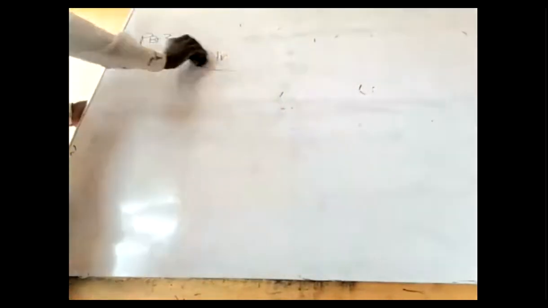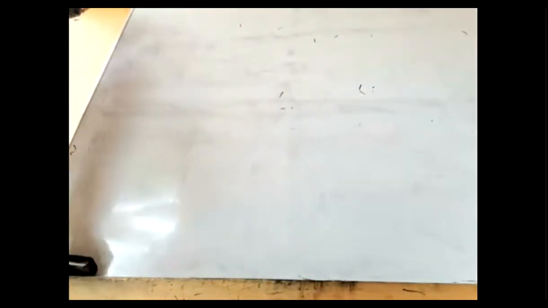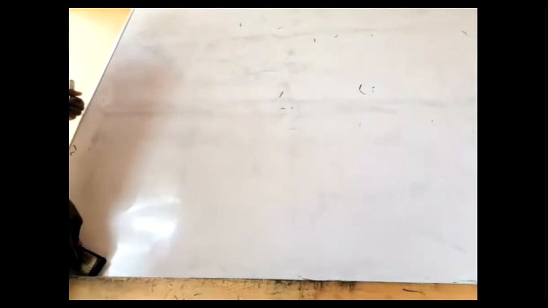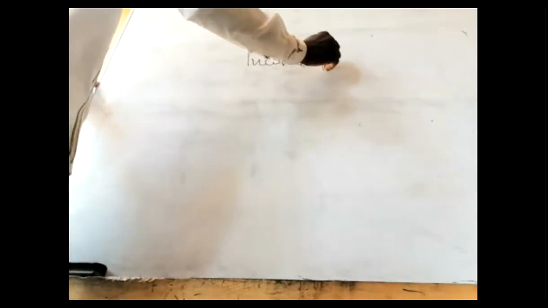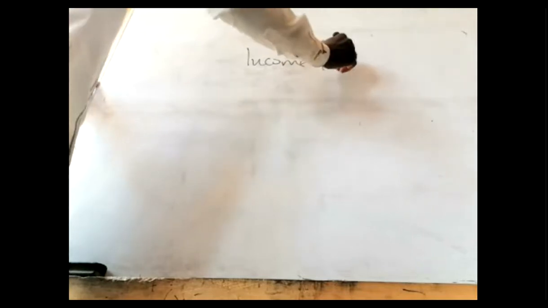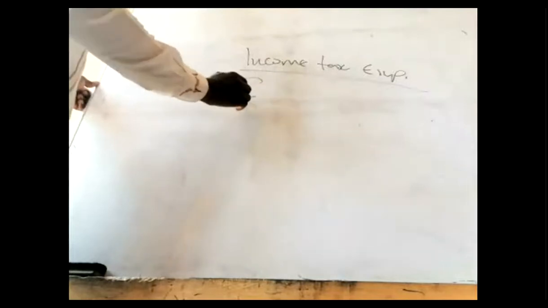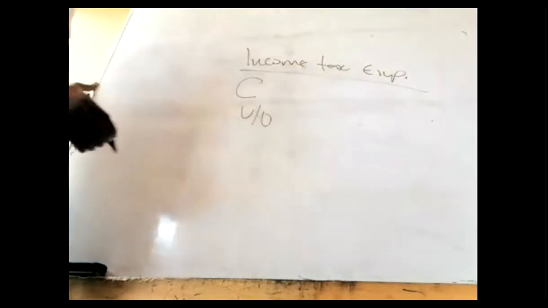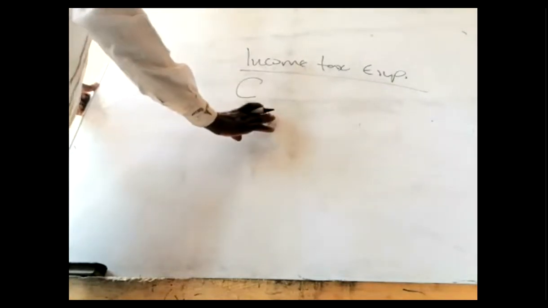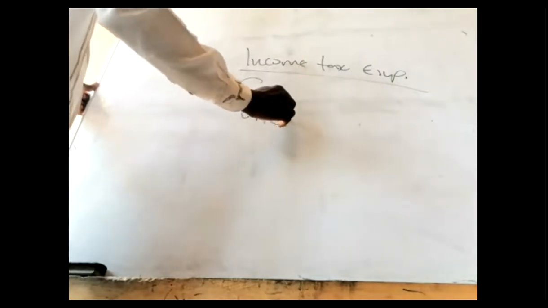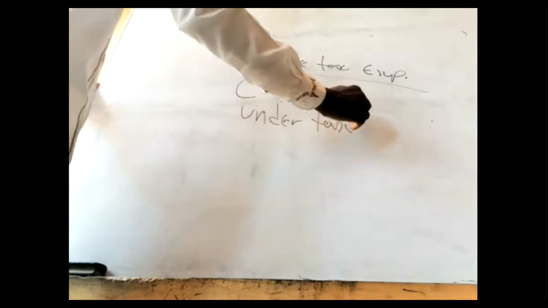Okay. So basically, what we do is this. If you are calculating the income tax expense, as usual, write C, U, or O. The C happens to be not there yet. But here we've established the point that it is under tax provision.